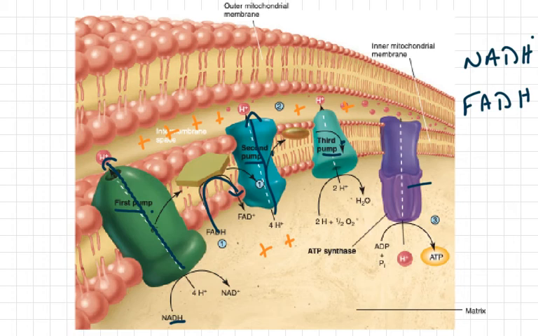As we reviewed previously, with gradients, you want to go from areas of high to areas of low. And that's what we're going to see here in complex 4: these ions are going to want to go from the area of high positivity to the matrix. They are passed through pump number 4, and this provides the energy for ATP synthase to create ATP. This is the whole reason behind the electron carriers: they provide the energy necessary to create ATP.